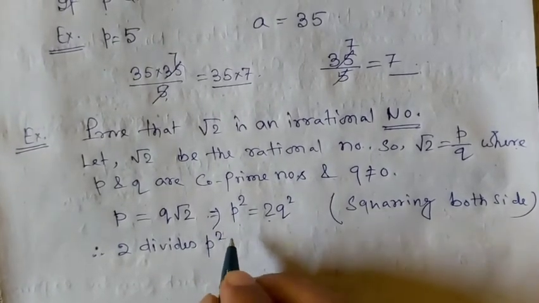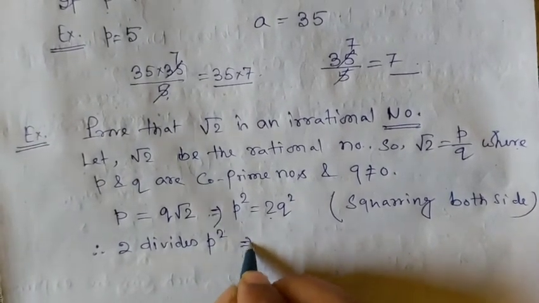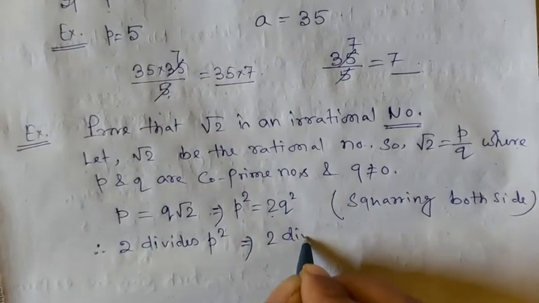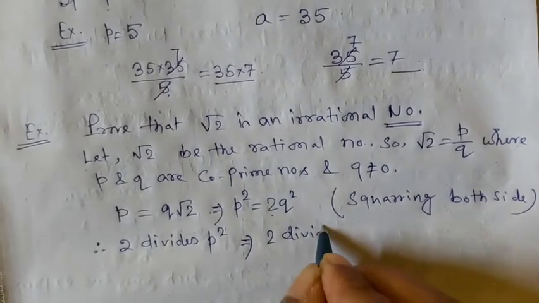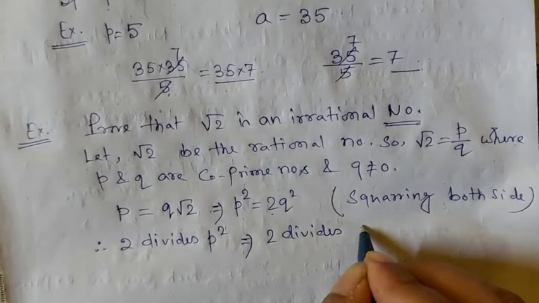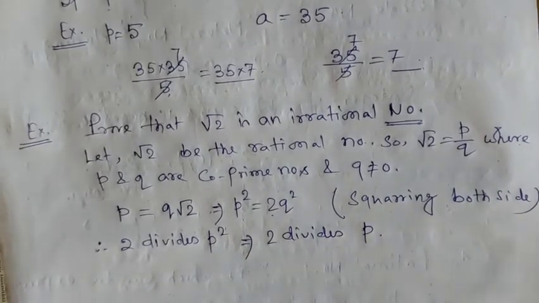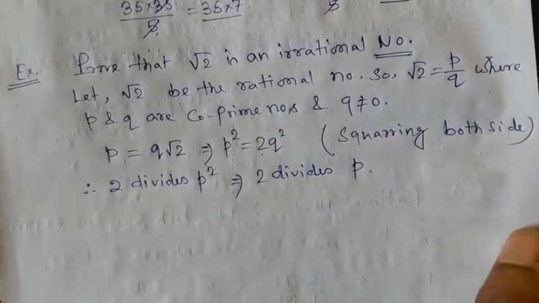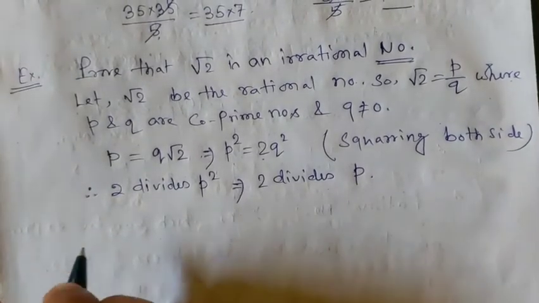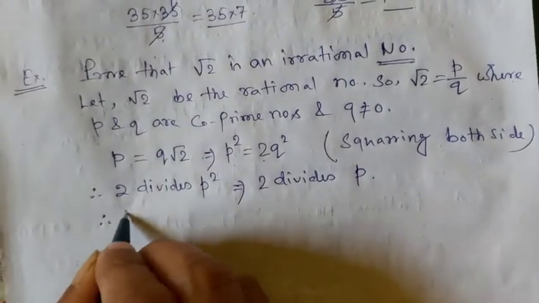So by the previous theorem we can say that 2 divides p, because 2 is a prime number. So 2 divides p means p has one factor 2.